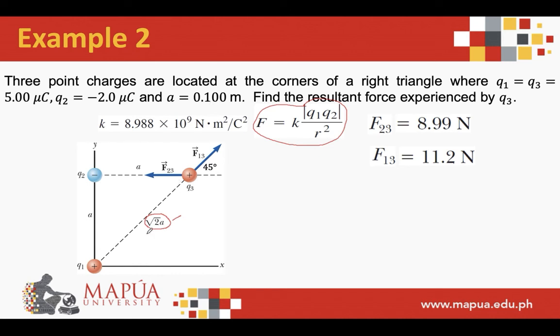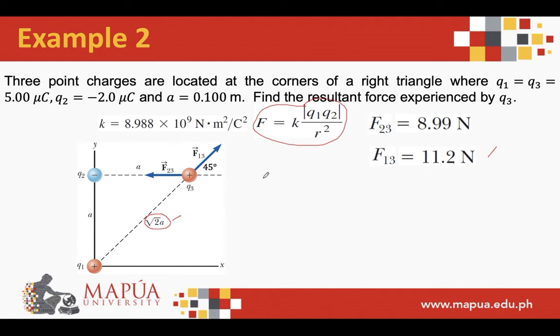Your A is 0.1, but we take the distance between Q1 and Q3, which is square root of 2A. So your R here is square root of 2 times A, which is 0.1. And you should get 11.2 for F13.